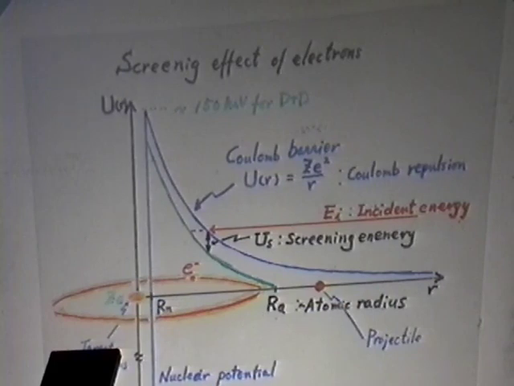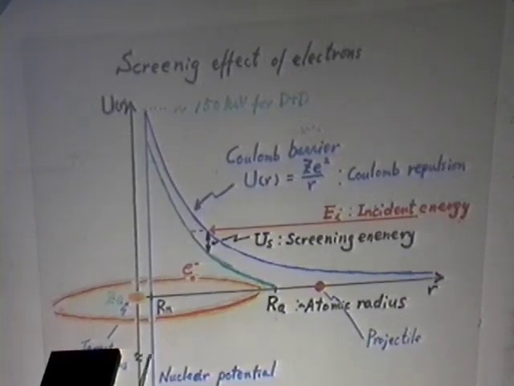If the incident energy is much higher, then usually it doesn't produce any effect. But if you lower the incident energy, the effect of the electrons is very large.